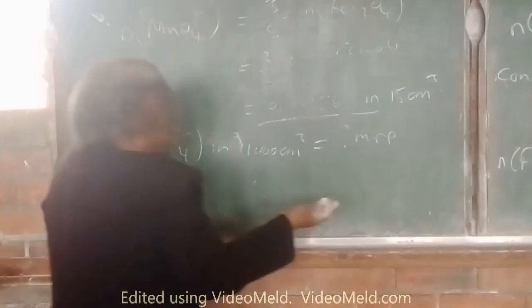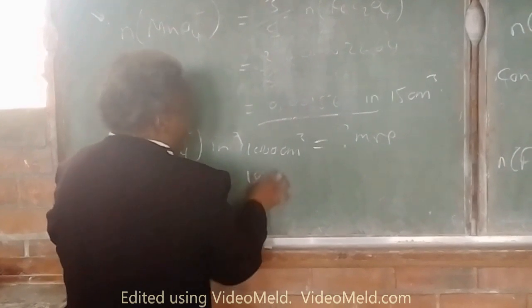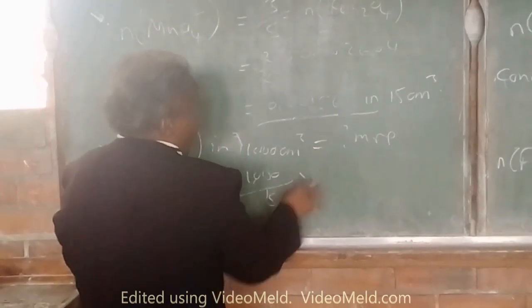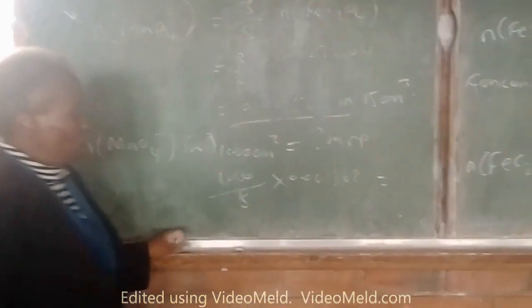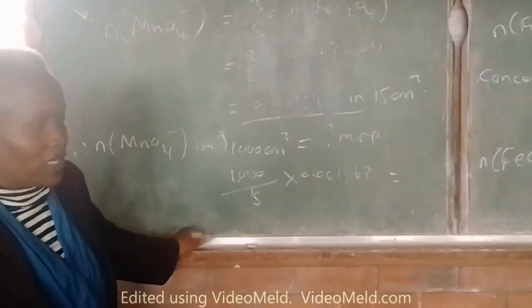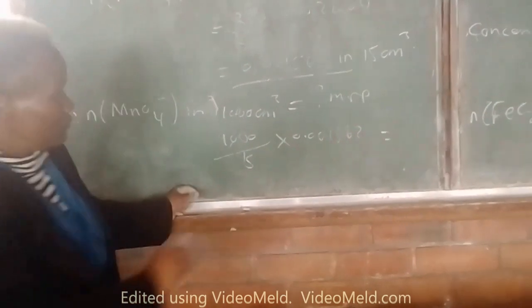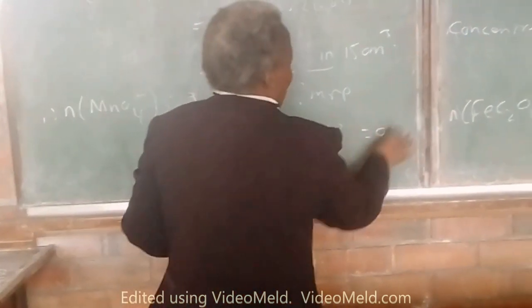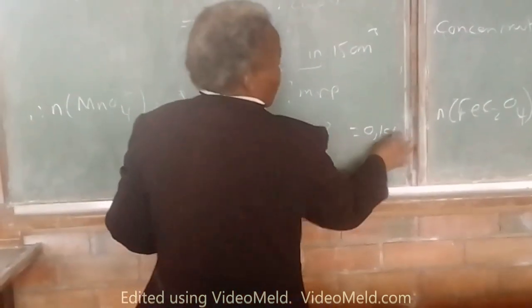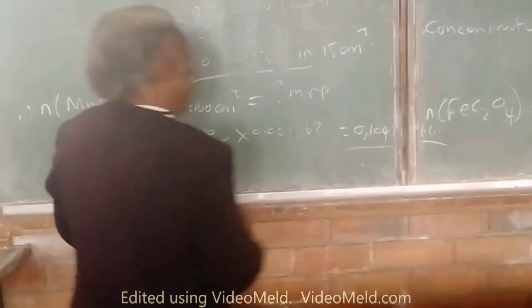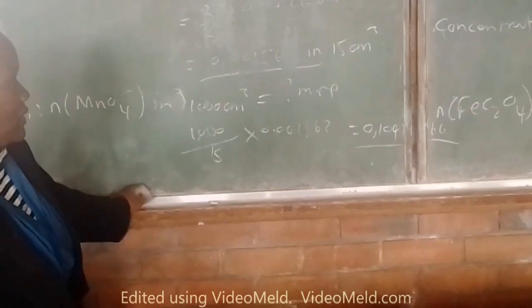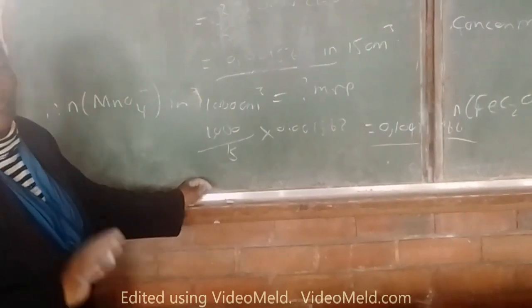So we use simple proportion, 1000 over 15 times 0.001562. If I do this, those in the background, how much do I get? 0.104166.